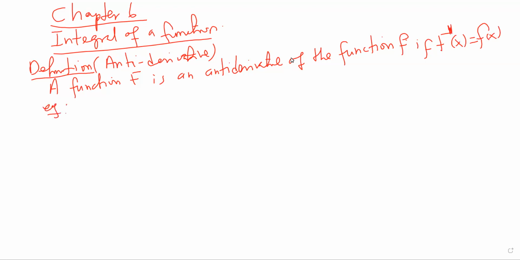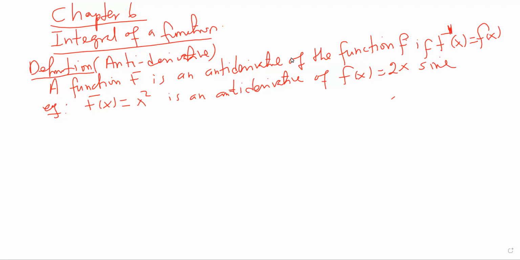Example, if you have big F of s equal to s squared, we say it's an antiderivative of small f of s, which is equal to 2s, since we know that F prime of s is equal to 2s, which is the same quantity.